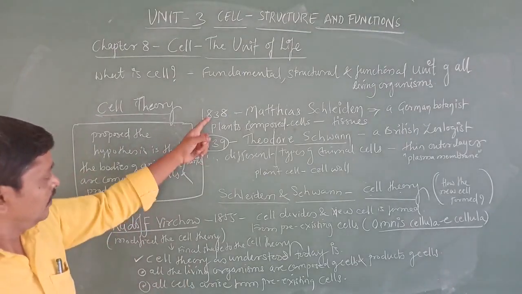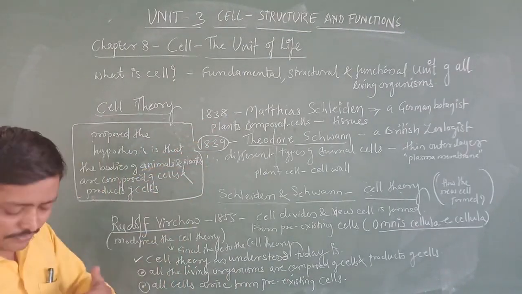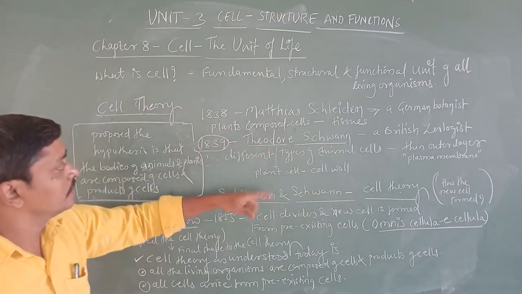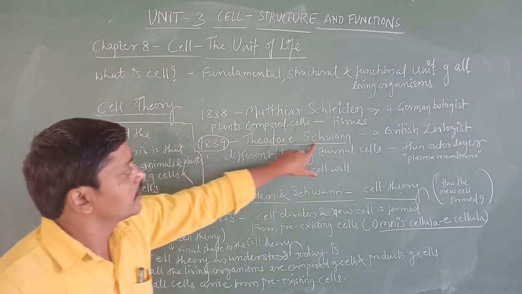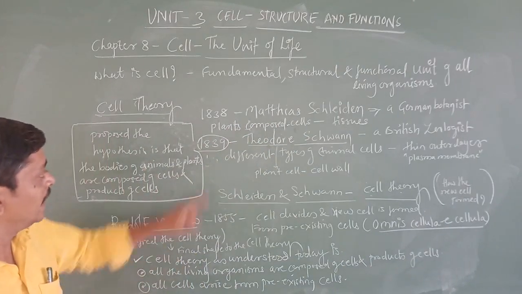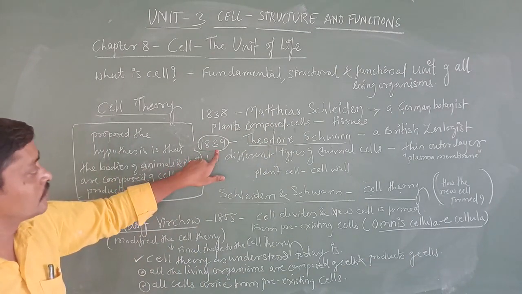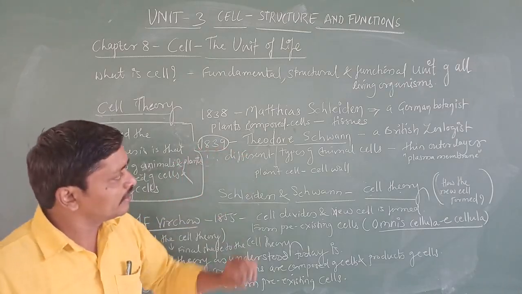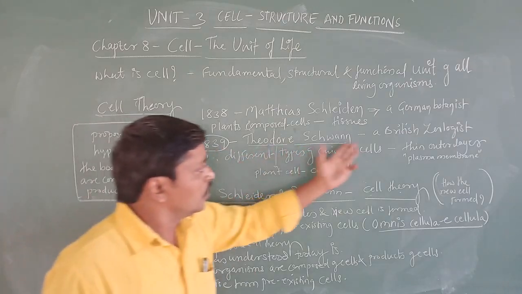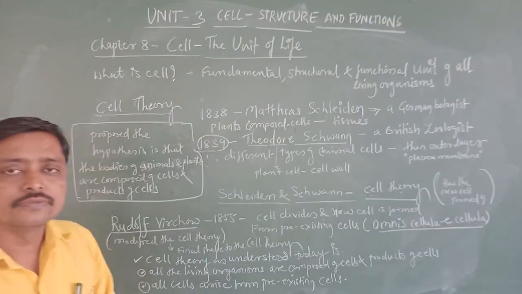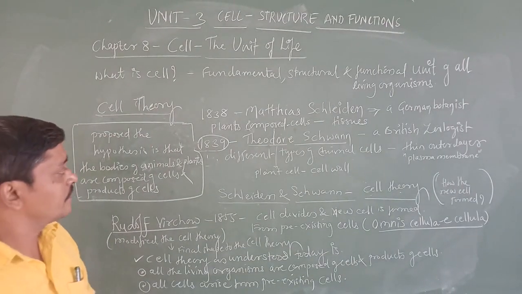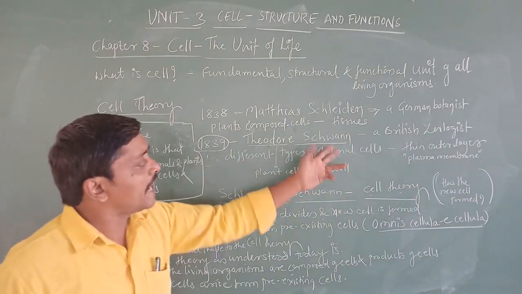Next, simultaneously in that period, another scientist, Theodor Schwann, in 1839, a British zoologist, studied the different types of animal cells.